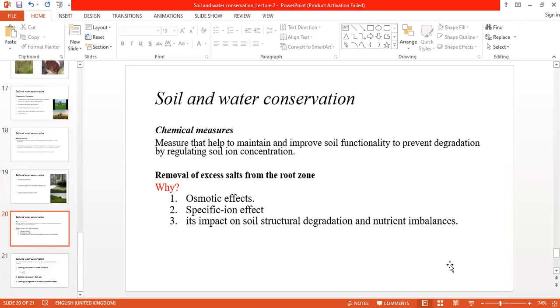Then we can talk of chemical measures. These are the last type of measures that we're going to discuss.